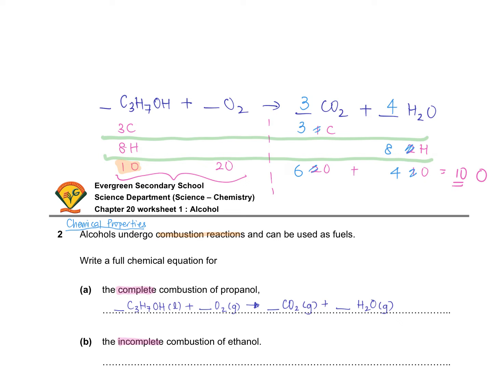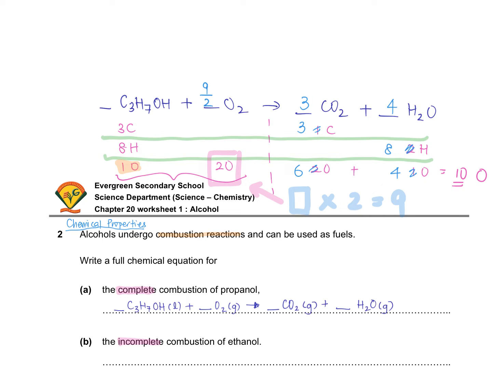Okay? So my question is, how to make this into 9 oxygen? So what number times 2 end up with 9? 4.5. So you ask yourself, can put a 4.5 or not? Cannot, right? So if I were to put a 4.5 here, which is 9 over 2, what will you do?